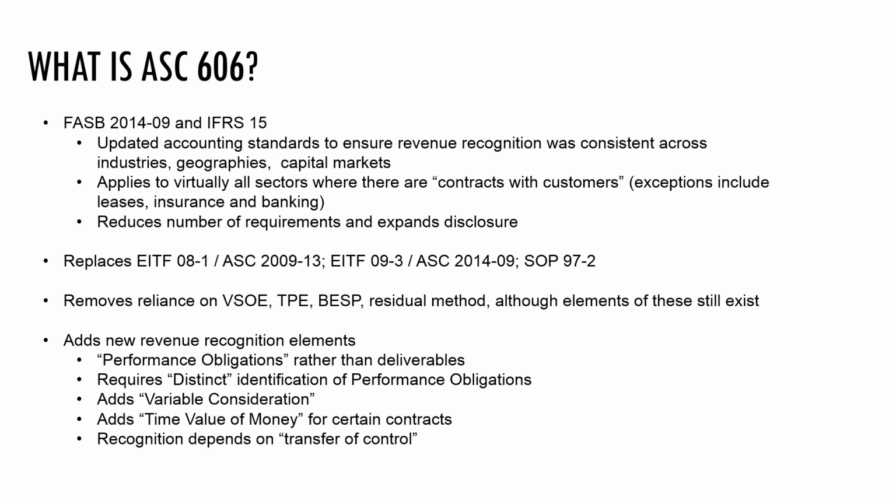It requires a distinct identification of those performance obligations, not just in terms of what I'm giving to the customer, but actually if I were to pick up and read the contract as well. It adds variable consideration, an extra element there. It talks about the time value of money for certain contracts. So there is a net present value calculation that needs to be done depending upon that contract.